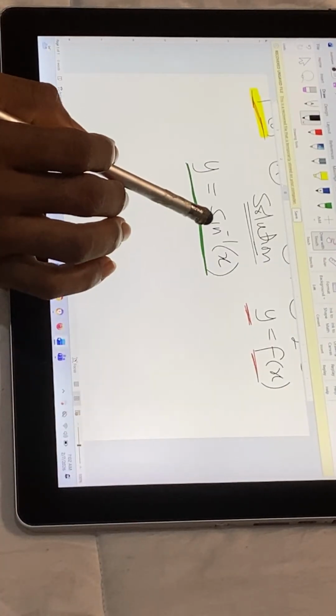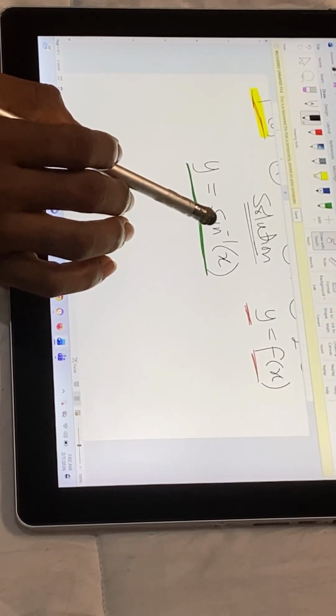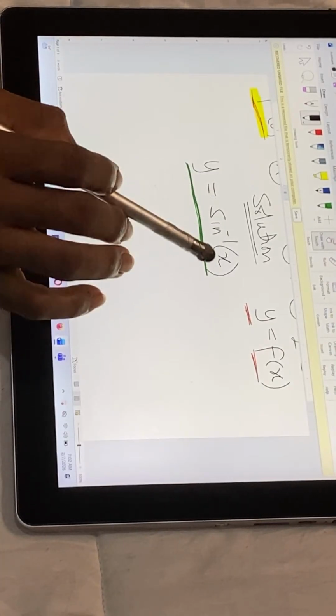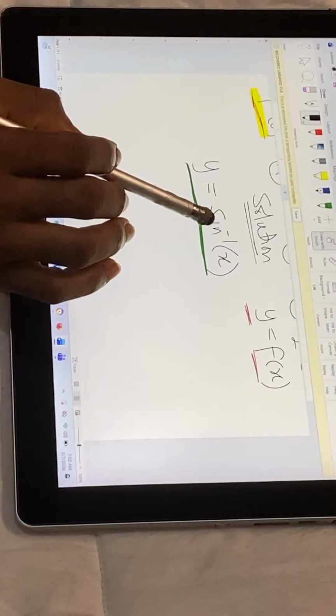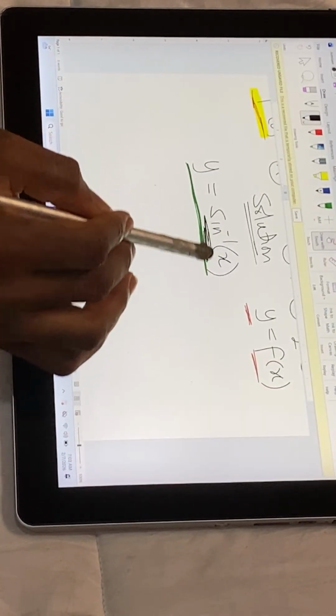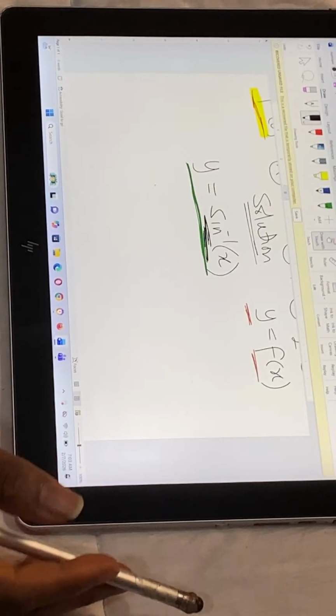So for me to differentiate this, I have to make this a linear expression, not an inverse expression. And how do we do that?